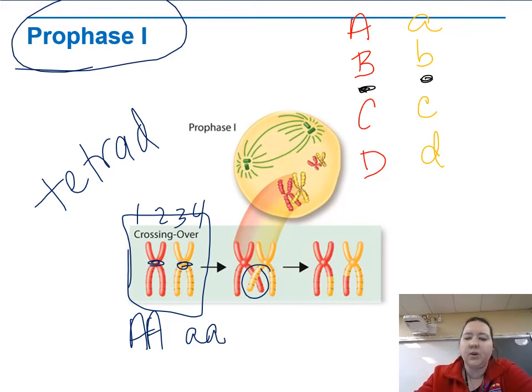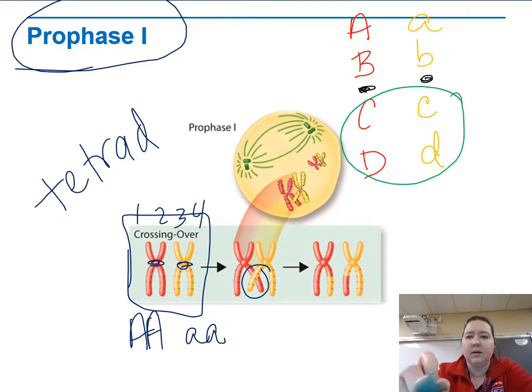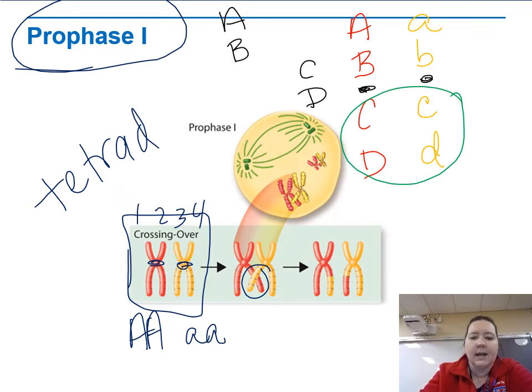What happens during crossing over is we end up switching the pieces here. So we get one chromosome that's A, capital B, lowercase c, lowercase d, and then lowercase a, b.